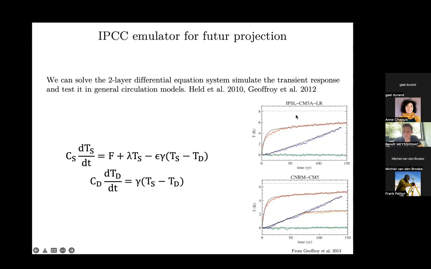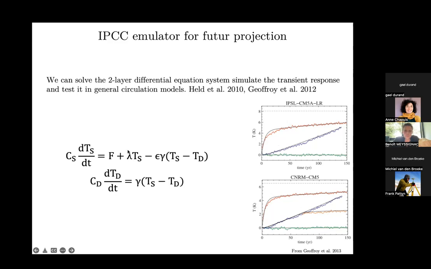That's what you're seeing on the right-hand side of this slide. I took the 2 French models, the IPSL and CNRM-CM5 model, and you can see in black what the energy balance model is providing as an emulator of these solutions over the internal to secular timescales.